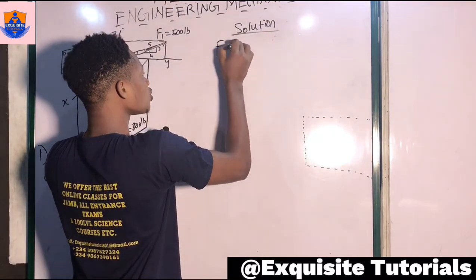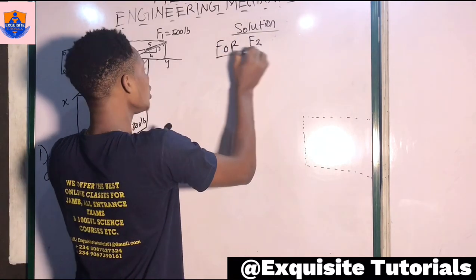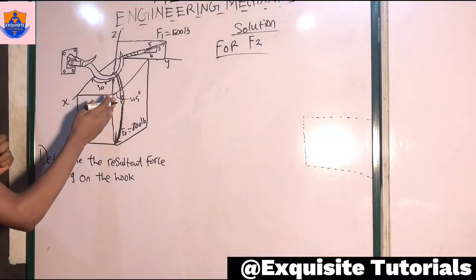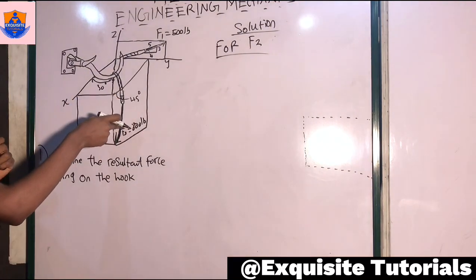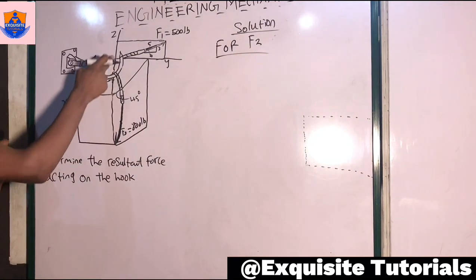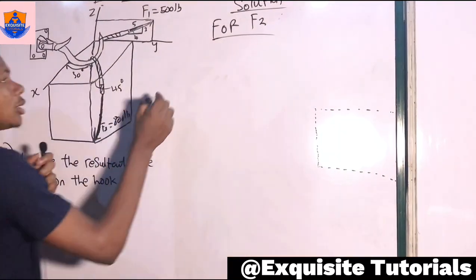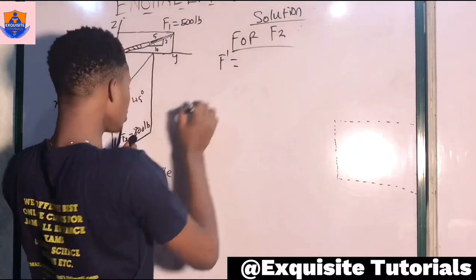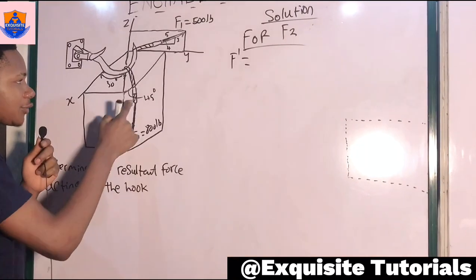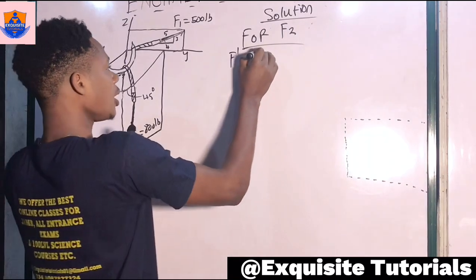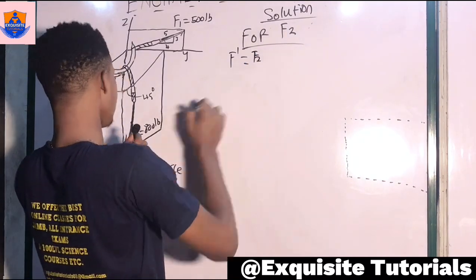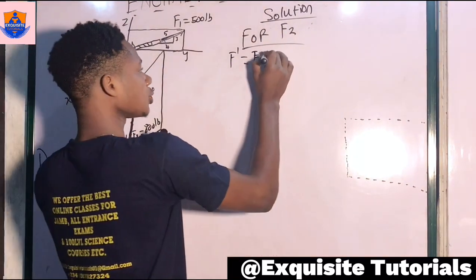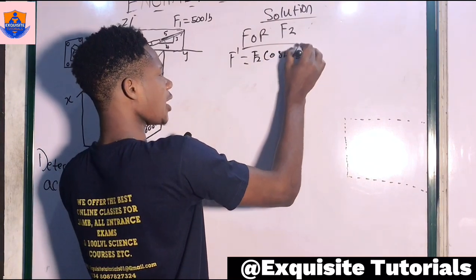So for F2 now, we first of all have to determine the value of F prime, that is the force on this plane. So F prime will be equal to resolving this force F2 to this plane. It will be F2, we are closing the angle, so we get cosine of 45 degrees.